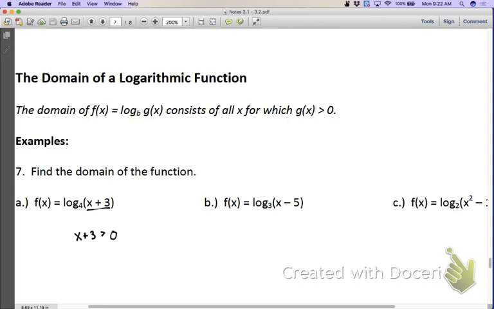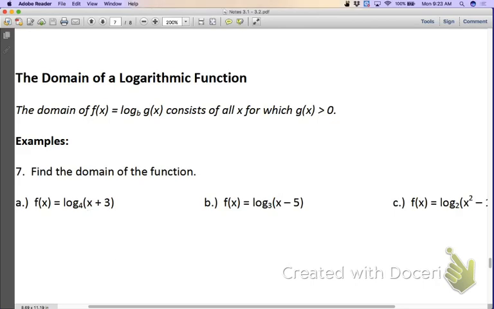Then I'm going to subtract 3, so I'm going to have x is greater than negative 3. So then where's my domain from? Domain would just basically run from negative 3 to positive infinity. That's essentially what you're doing whenever you're finding the domain: setting whatever's inside that parenthesis greater than 0. Same way with the x minus 5.